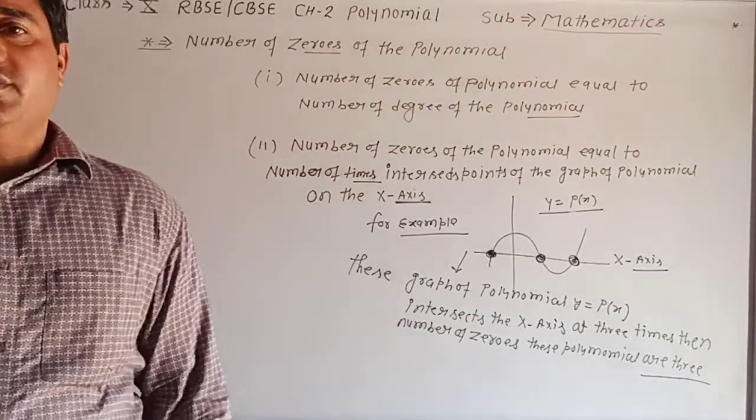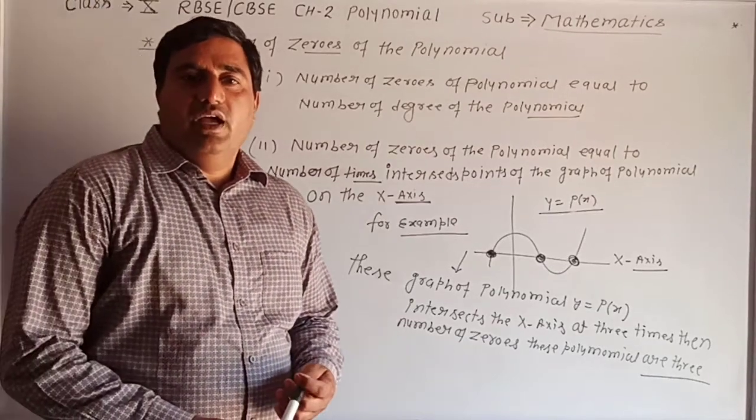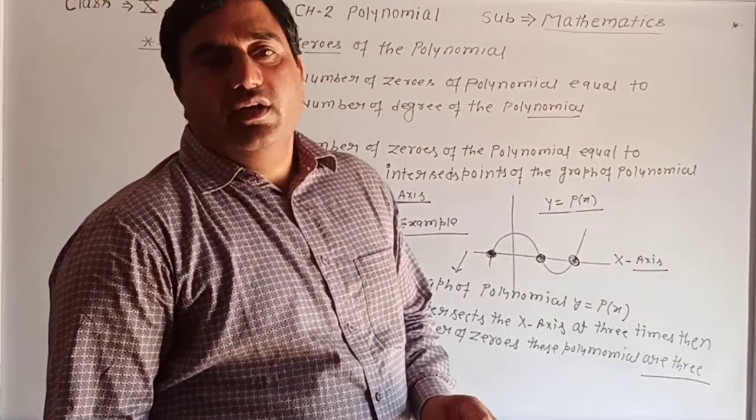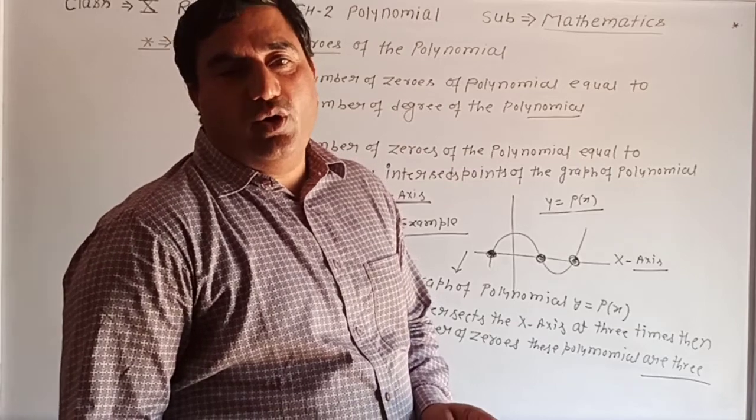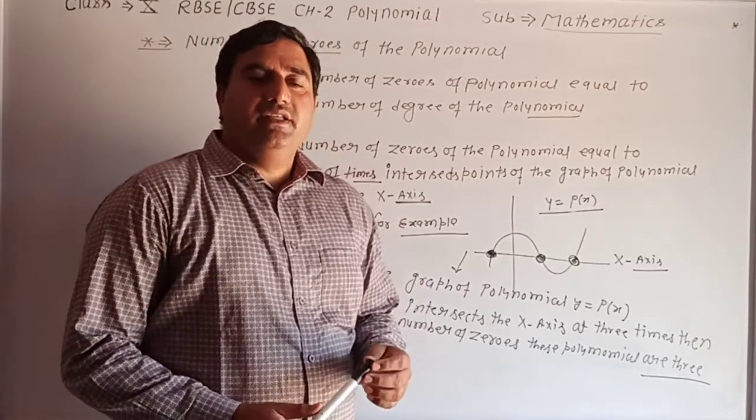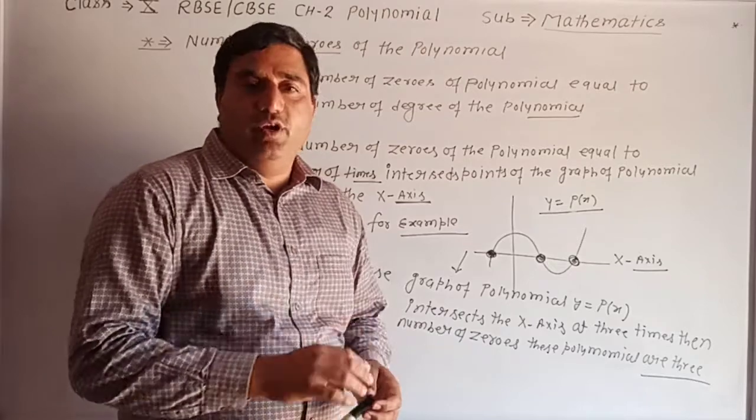So zeros equal the x-coordinates of the intersecting points of the graph of the polynomial with the x-axis.